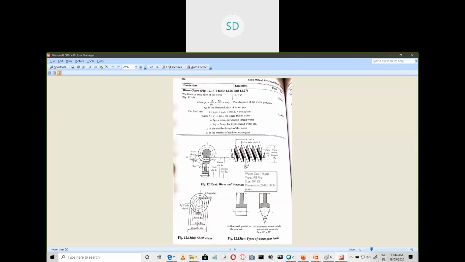So I will draw that figure 12.11. The figure is related to the bevel gear. So use that bevel gear figure. I'll just upload that figure in the WhatsApp group.